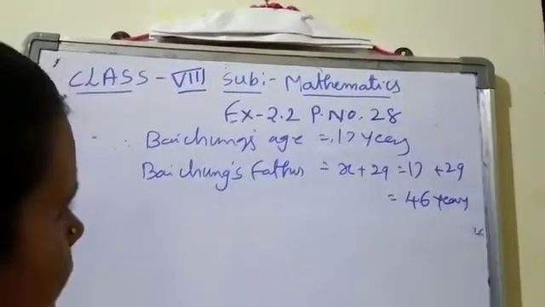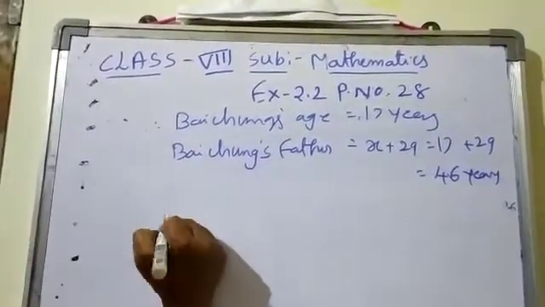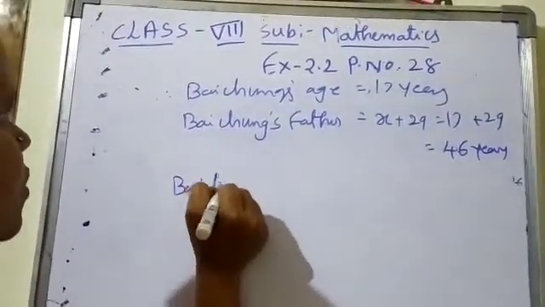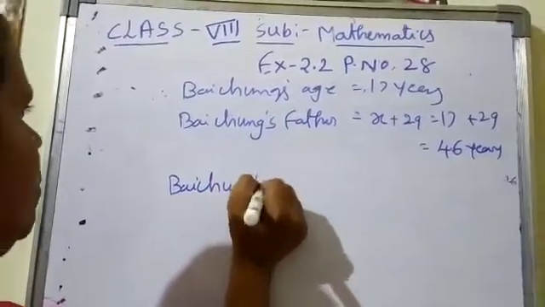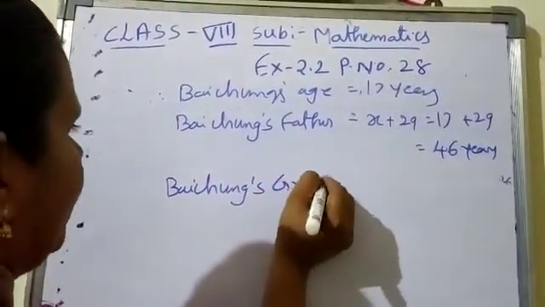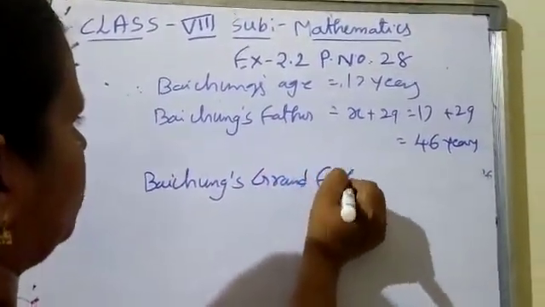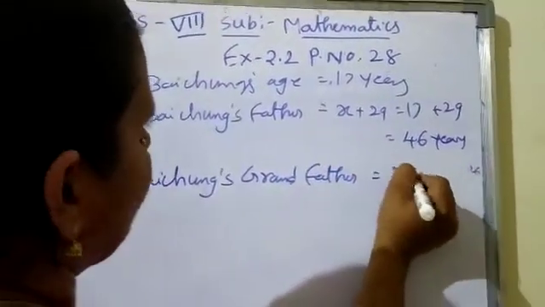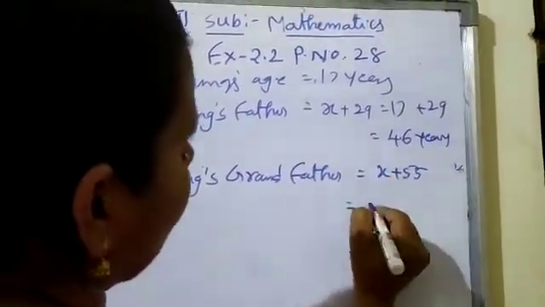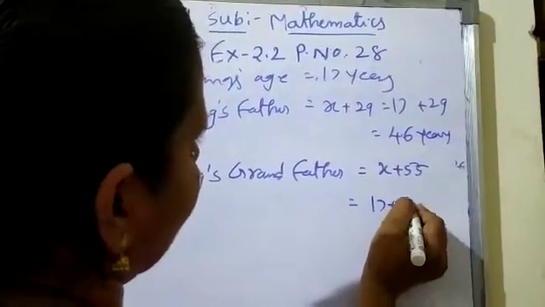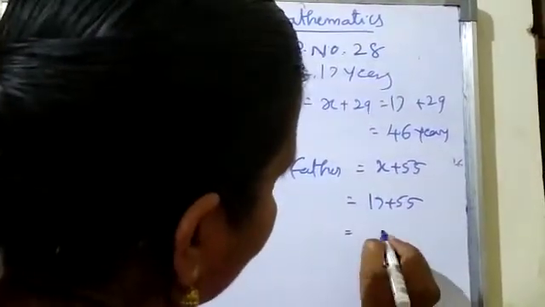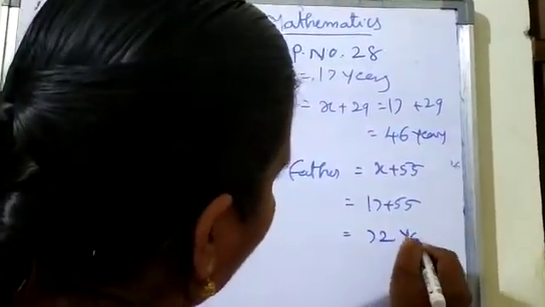Now Baicheng's grandfather's age is equal to x plus 55, which means 17 plus 55, which is 72 years.